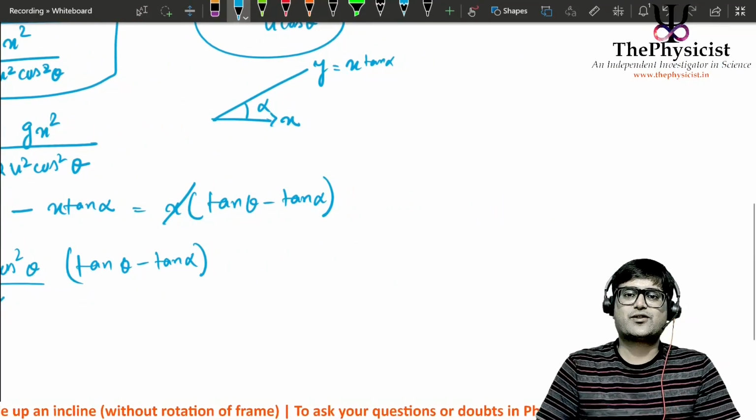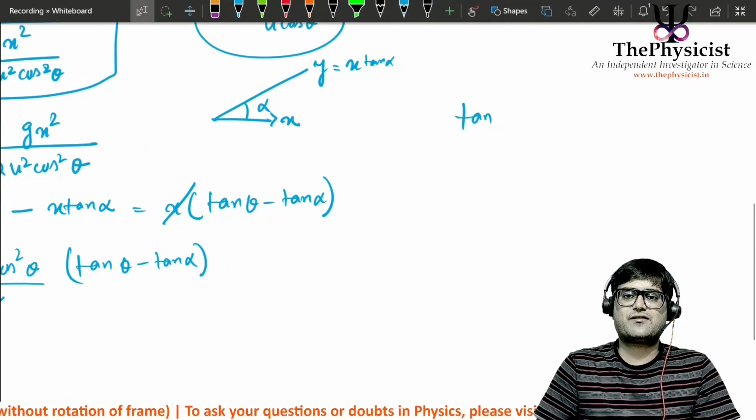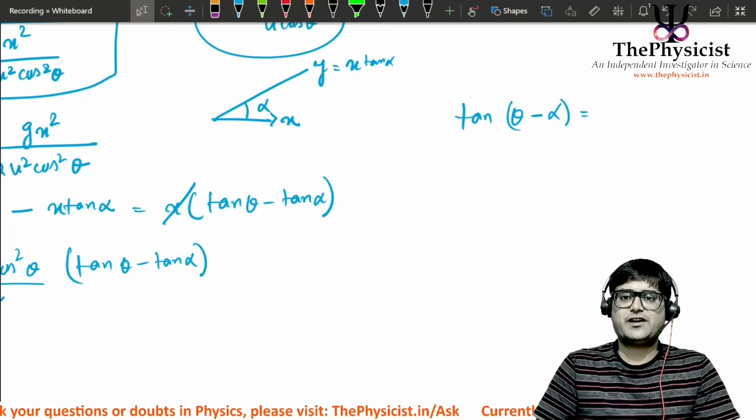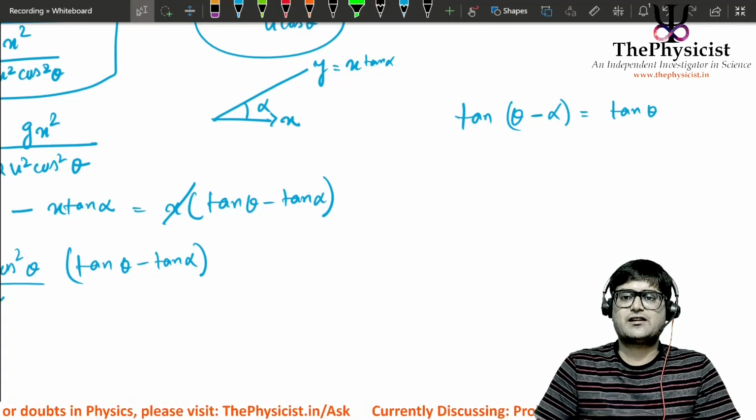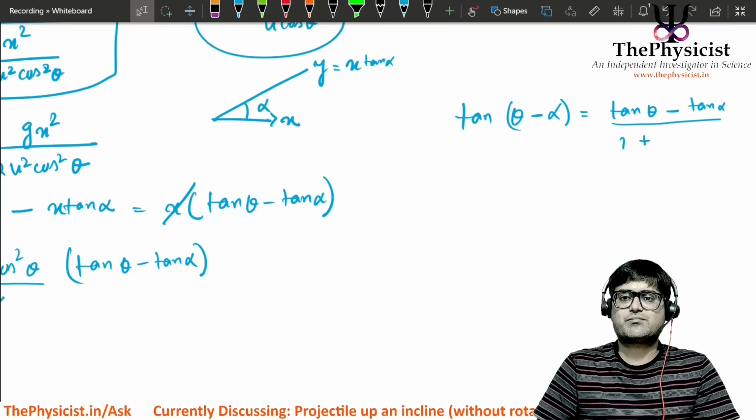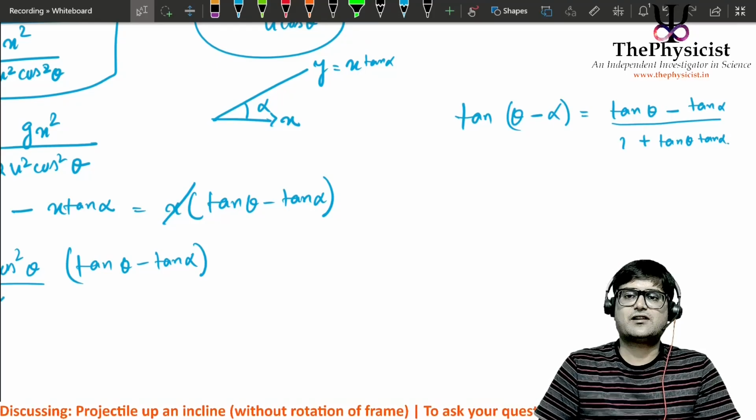How? We know that tan of theta minus alpha will be tan theta minus tan alpha divided by 1 plus tan theta tan alpha.